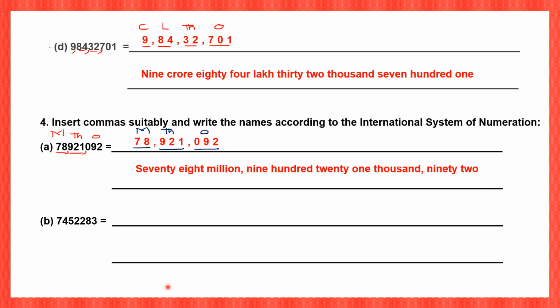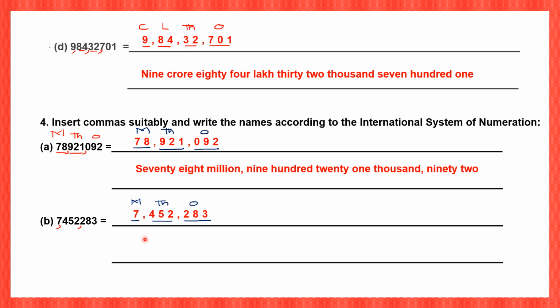Now let's go to the next number. So here we have, again remember it's an international system, ones, tens, hundreds, comma, thousand, 10,000, 100,000, comma. So let's write that down. Here in the ones period we have 283. In the thousands period we have 452. And in the millions period we have 7.